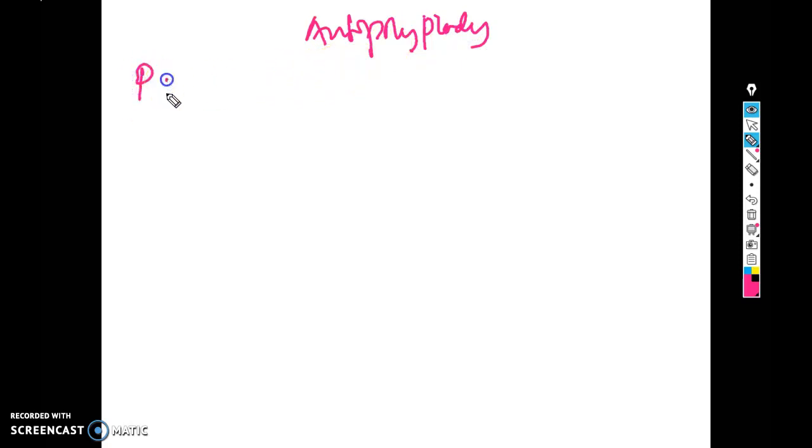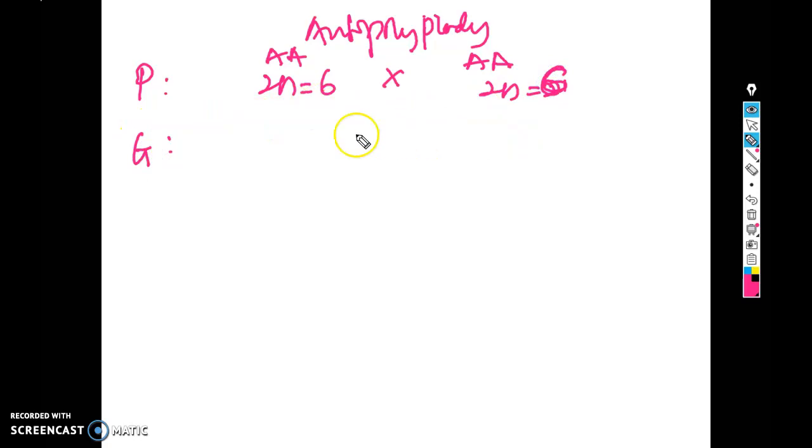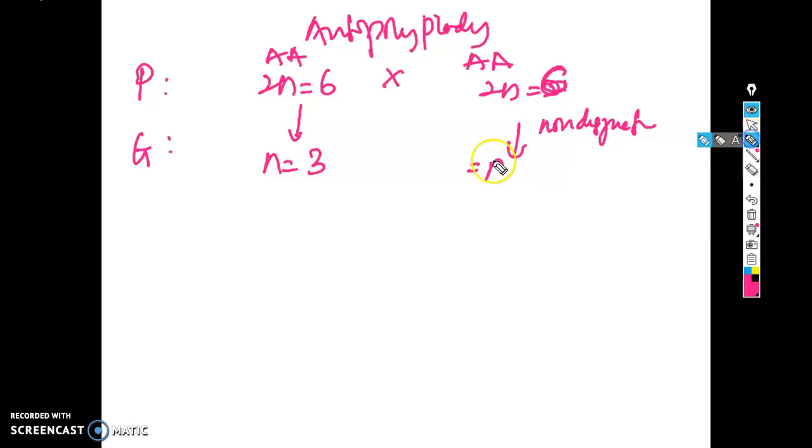we have a diploid parent, 2N, and a parent of the same species, so AA has 2N, for example 2N equal to 6. Then they produce gametes. Normal meiosis gives N equal to 3, while one individual undergoes non-disjunction and produces 2N equal to 6.